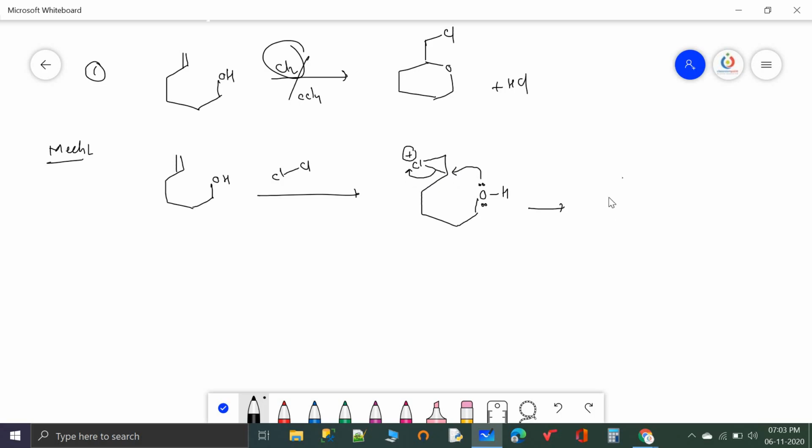So here we get a molecule like this, hydrogen plus and this particular chlorine. Later this hydrogen will come out. Why? Because our remaining Cl minus is there, no? That Cl minus attacks the hydrogen and it is removed as HCl, and finally the molecule will be like this. This is the product.